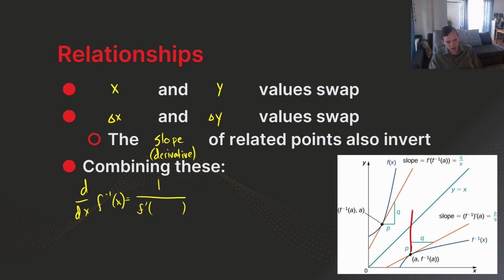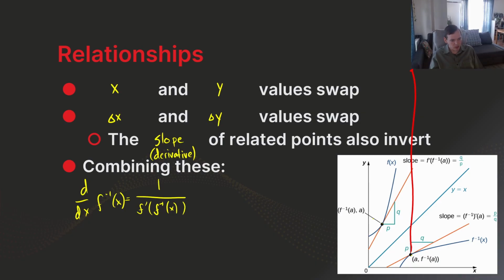And if we look, that's going to be some point way up here, not my corresponding point. So instead of plugging in x, I need to plug in some function that gives me my corresponding point, which we saw was f inverse of x.